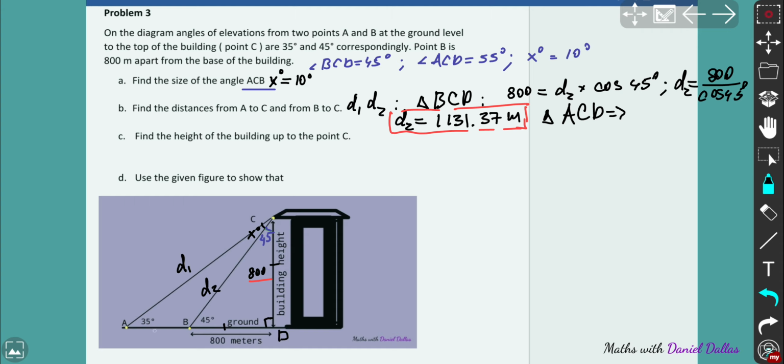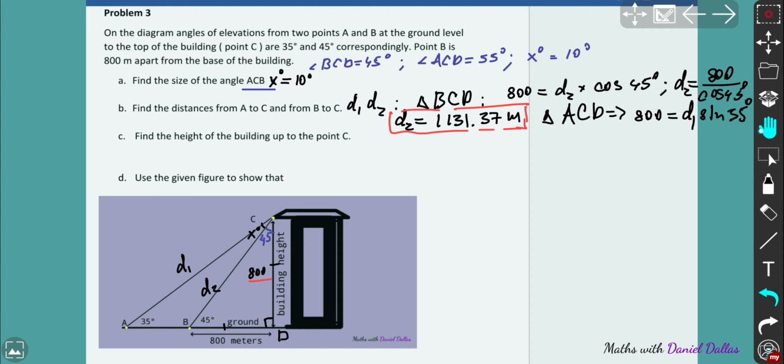We know the height is 800 meters, and this is the opposite leg for the 35 degree angle. So in this case 800 is opposite the 35 degree angle, and D1 is the hypotenuse, so we are going to use the sine ratio. So we can work out that 800 is simply D1 times sine of 35 degrees.